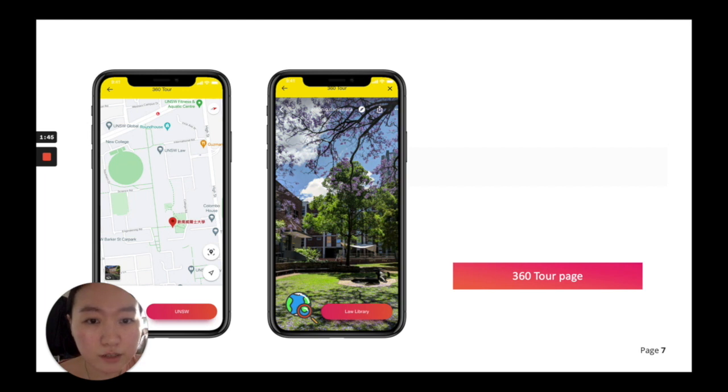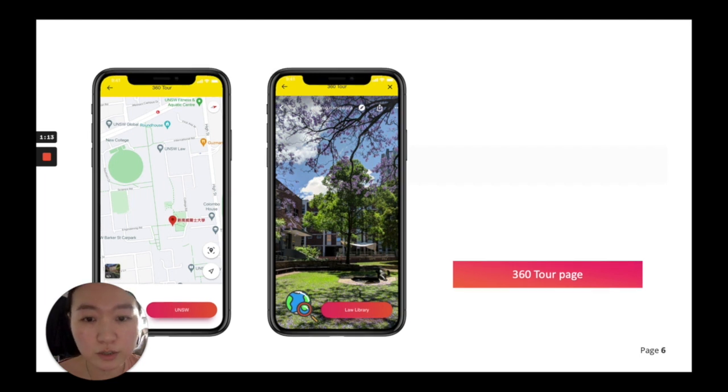This function is especially suitable for first-year students to experience campus and ideal for international students worldwide to experience campus culture. Compared with the traditional map tool, 360 tools have increased the fun of interaction. According to survey data, more than 50% of users are more interested in 360 panoramic campus tools. In order to meet the needs of users, it is necessary to add this function.